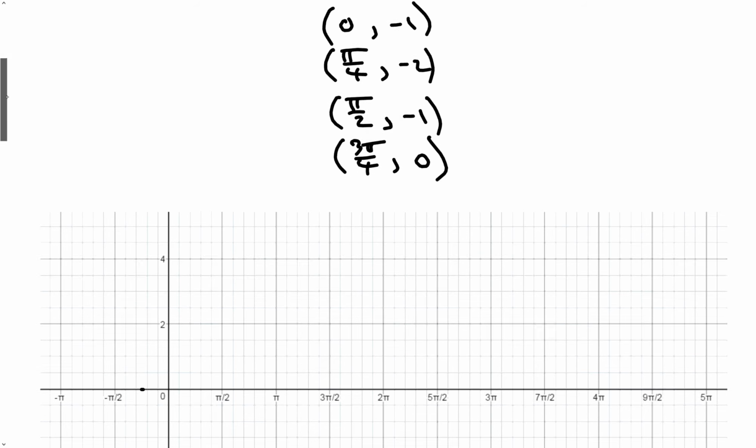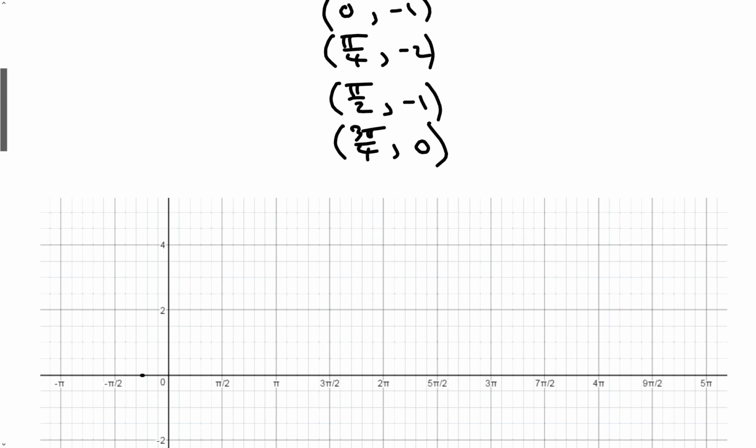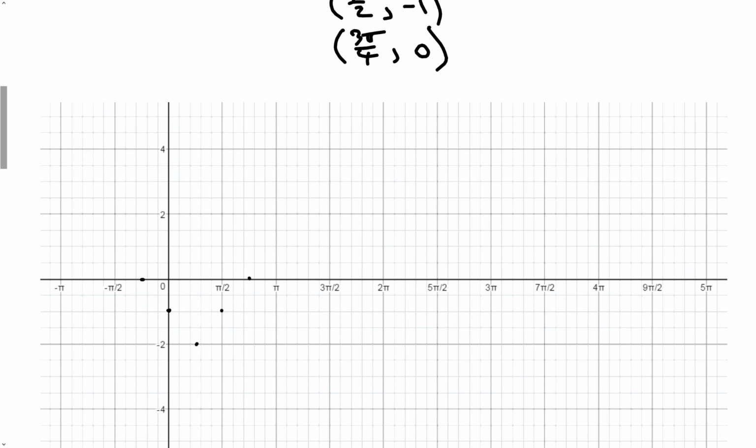What was it? It was 0. Okay, good. 0, negative 1. Okay. Pi over 4, negative 2. Okay. Negative pi over 2, negative 1. All right. Scale on this graph is not great, but that's okay. That is my function.